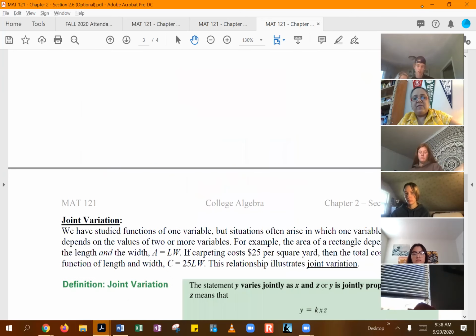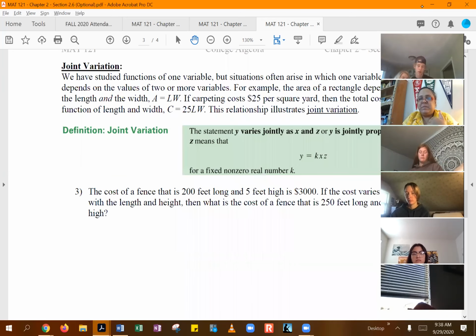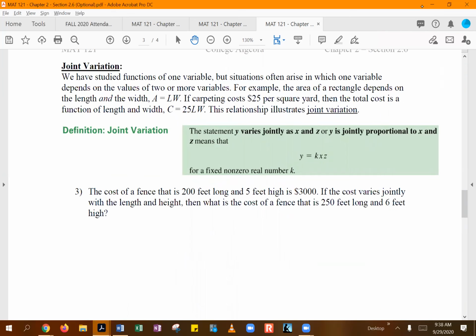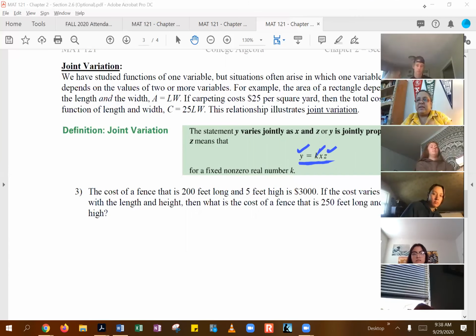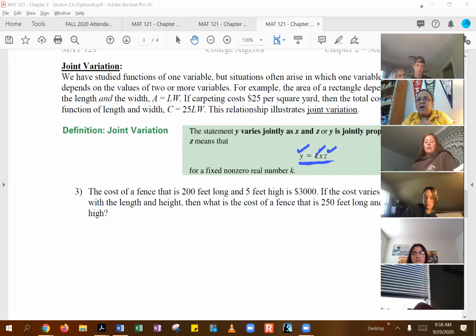You can also have what we call joint variation, which I kind of think of as direct variation. The only difference is you have multiple different variables instead of just two. So the idea is both x and z will be going up if y is going up, and both x and z would be going down if y was going down.